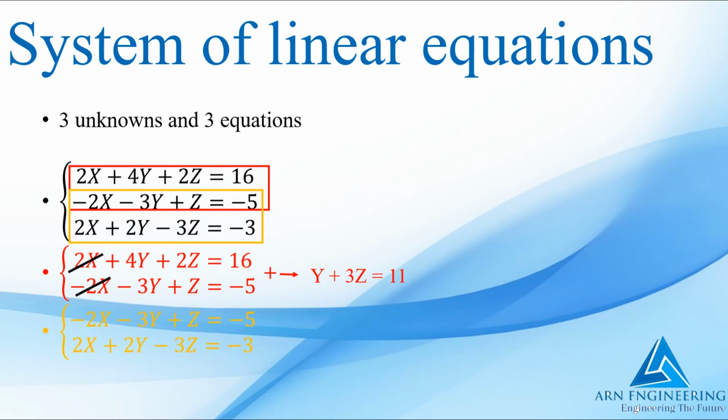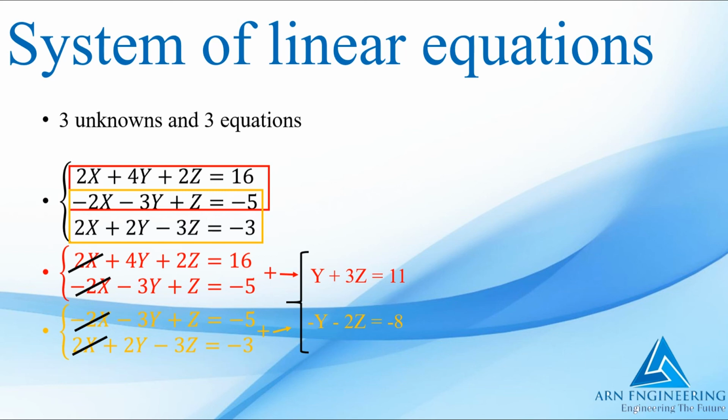Let's do the same thing for the second set of equations, and again, as you can see, the x terms do cancel out, and we're left with minus y minus 2z being equal to minus 8. Now, if we look at these two equations, we can see we have two equations and we have two variables, and therefore these can be a system of linear equations that can be solved.